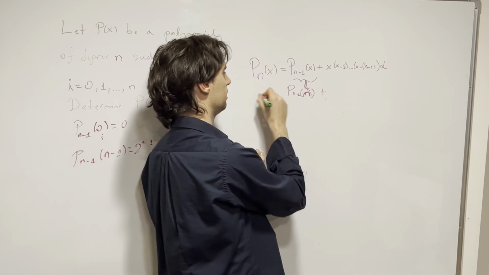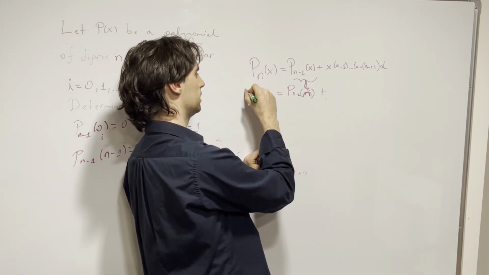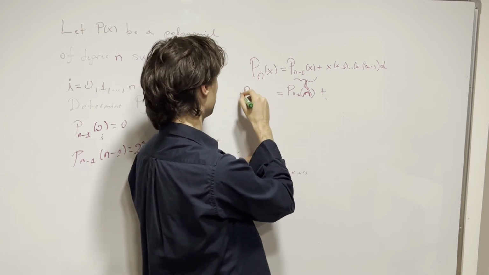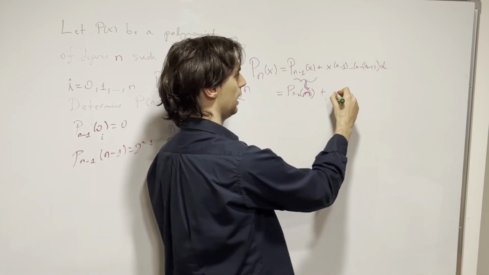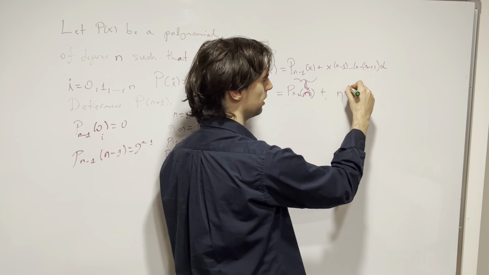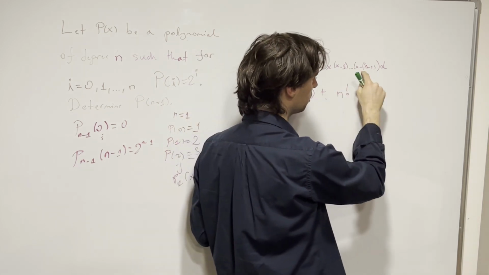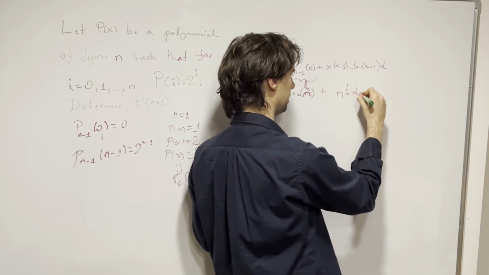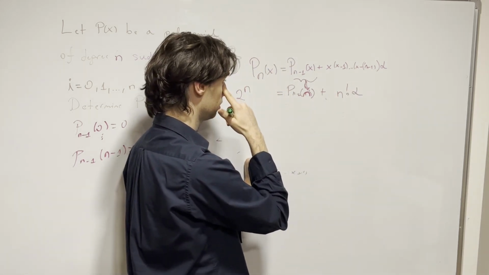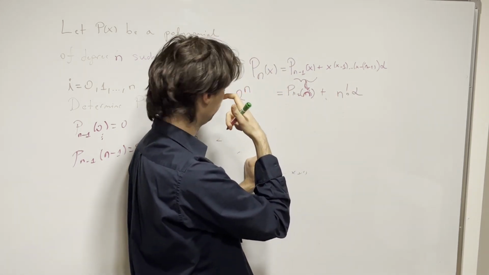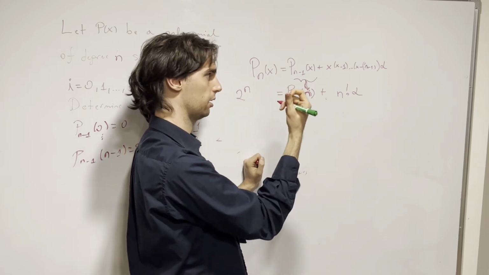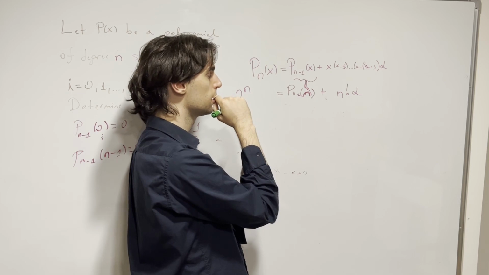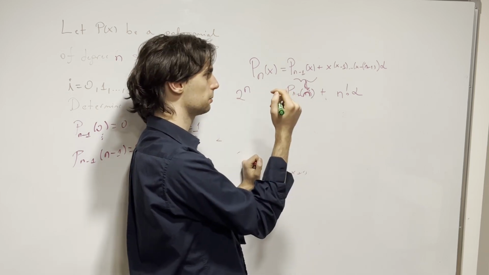And when we plug in, here we're going to get 2 to the n, and here we're going to get n factorial times alpha. Which is why it's a bit strange that I got 12 here. It might have been a miscalculation. I should have gotten a 6 perhaps.